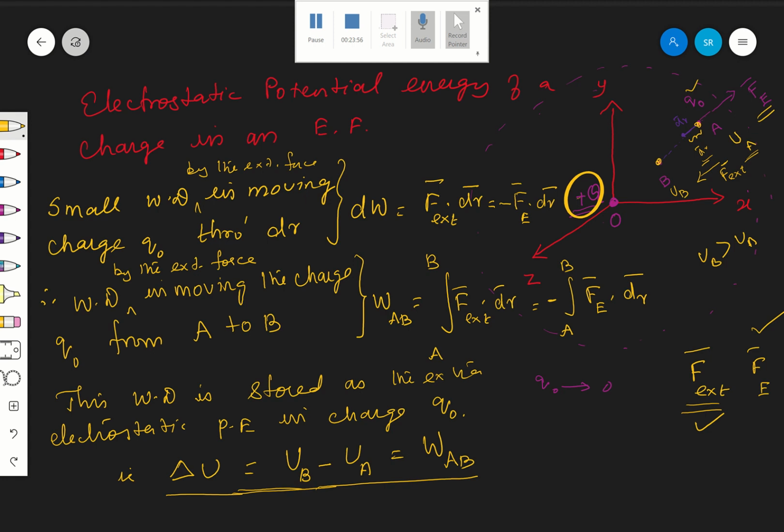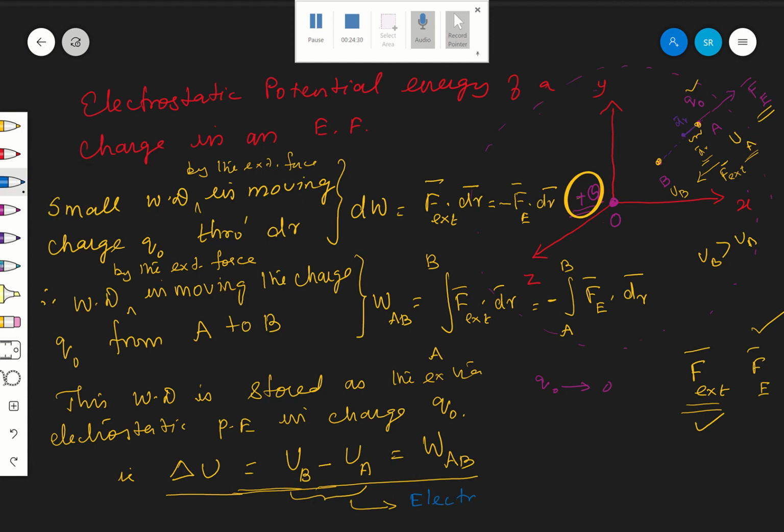Right. Now I want to define this. UB minus UA is nothing but the potential energy difference. Which potential energy? That is important. Here it is very special, it is the electrostatic potential energy.